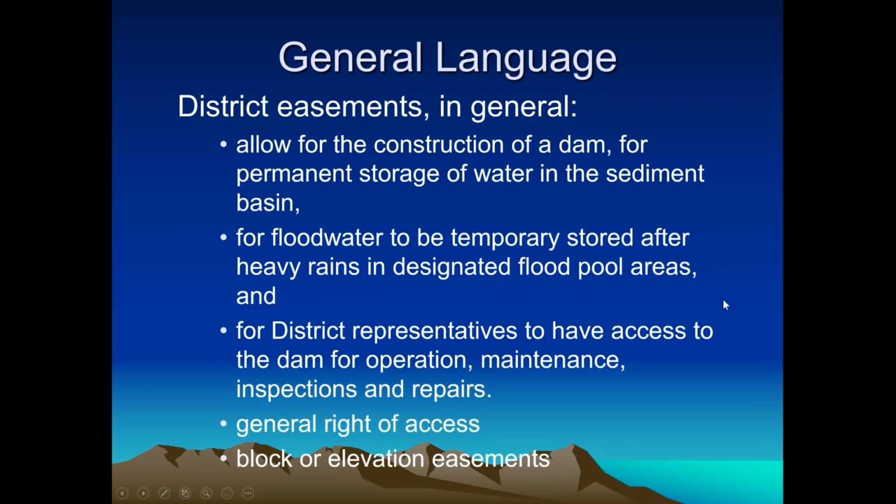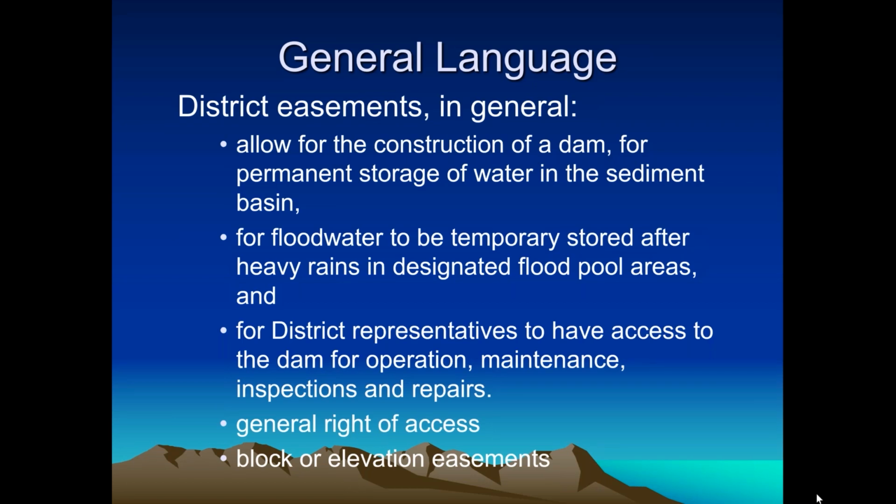So I wanted to talk now about some of the general language that we see in the easements for water retention structures. I know that in Oklahoma, most of our water retention structures or flood control structures were built based on easements that were acquired in the late 40s, the 50s, 60s, 70s. And there tends to be some reoccurring language in all of those.